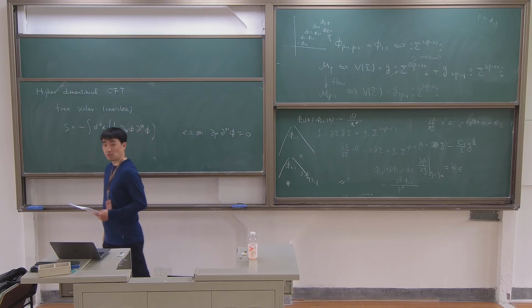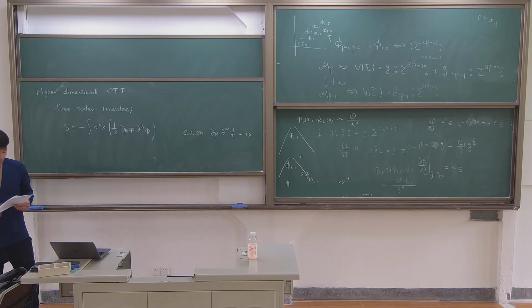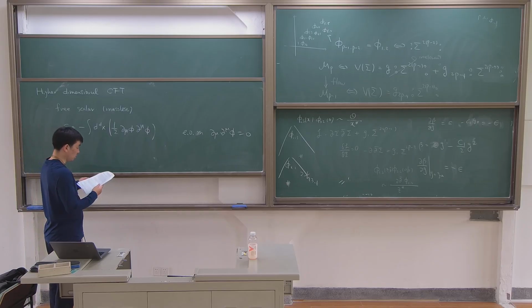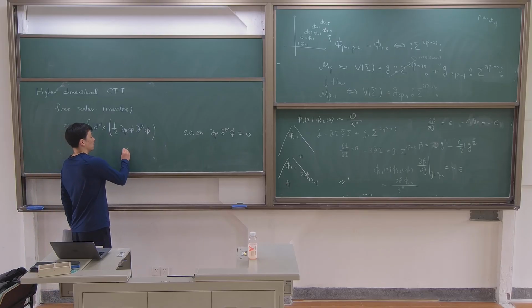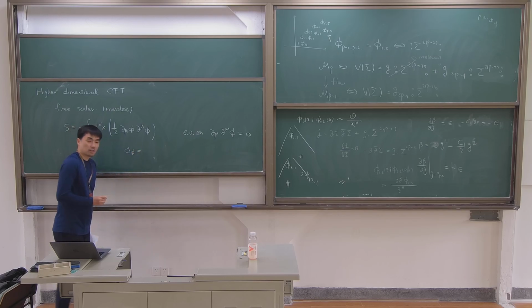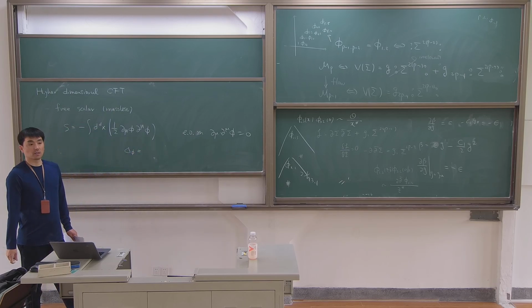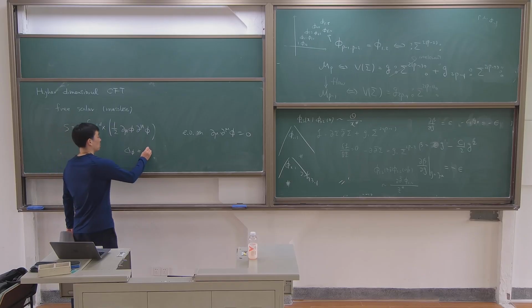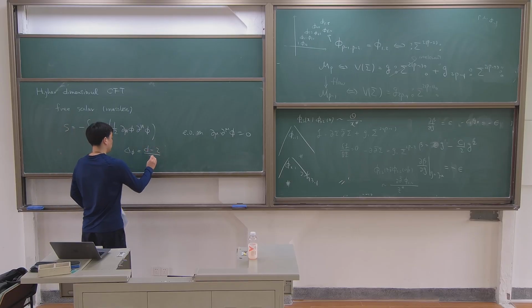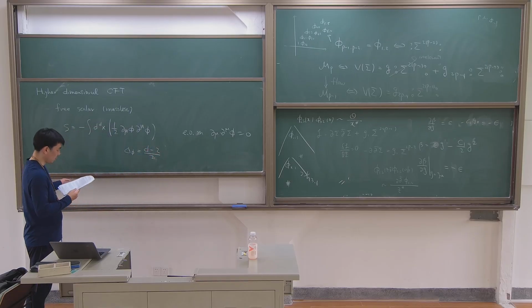Okay. So this is the equation of motion, and then what is the conformal dimension of phi? Good. (D minus 2) divided by 2. So this is the dimension of the scalar field.